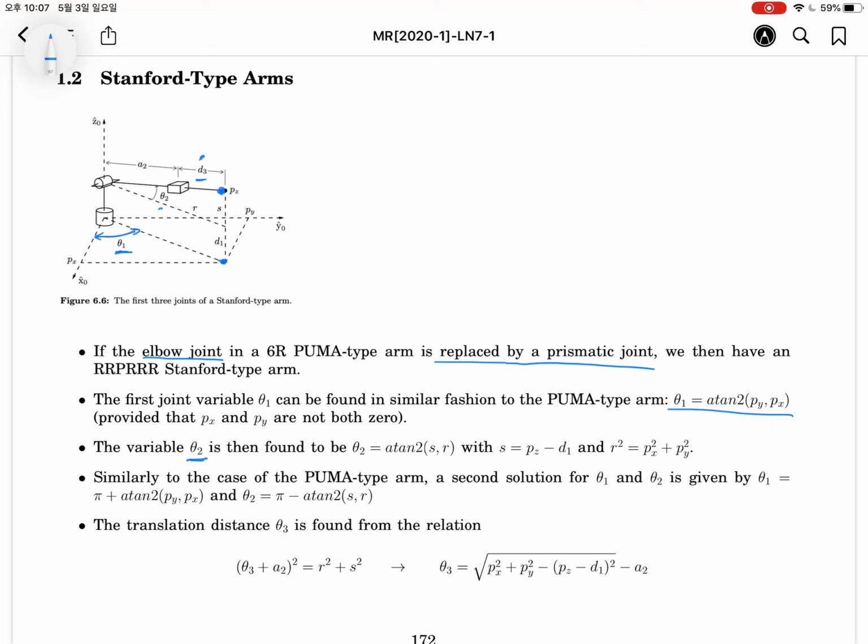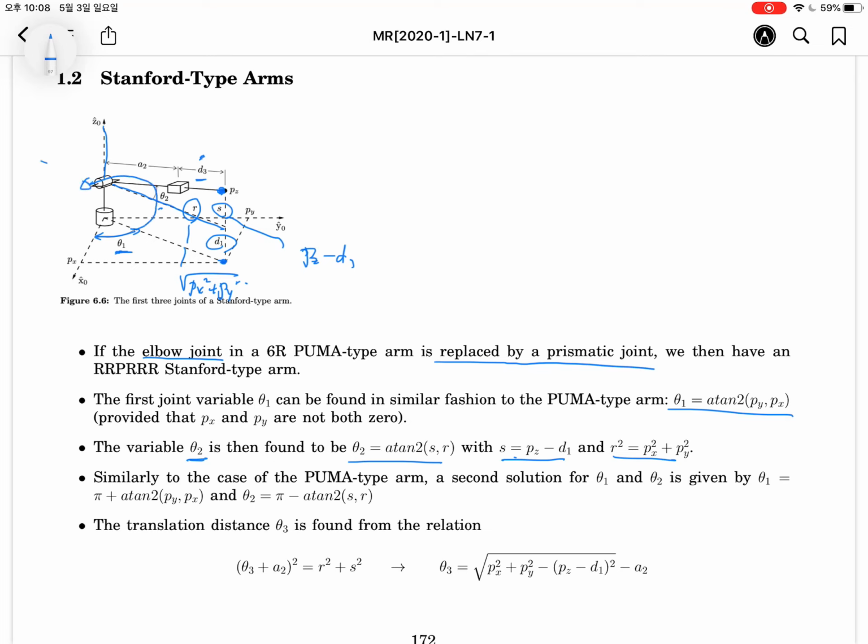On the other hand, theta 2 can be obtained from the r-s plane. r is determined as the square root of px square plus py square, and s is determined as pz minus d1, which has an offset in the z direction. So using these two data, we can determine theta 2.